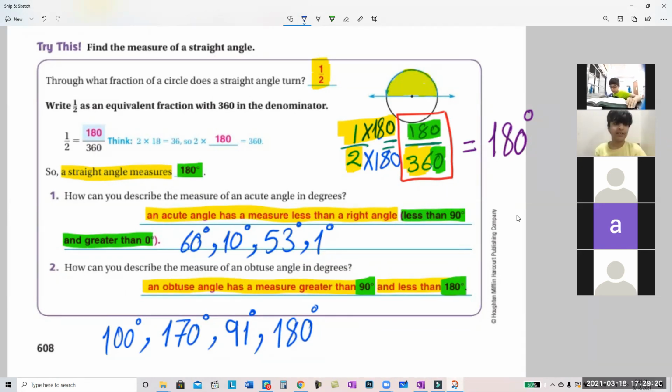As you see here, the straight angle is 180, right? So it can't be, okay? What about this? 179 degrees. Yes, it can. Yeah, it's correct.